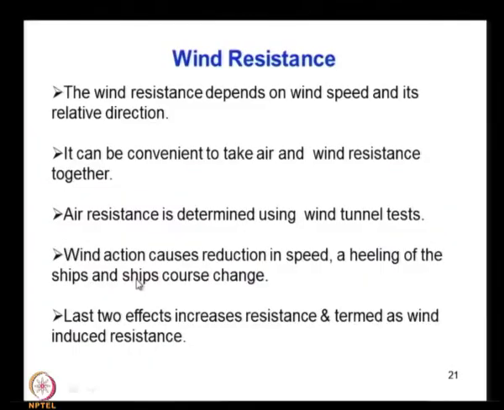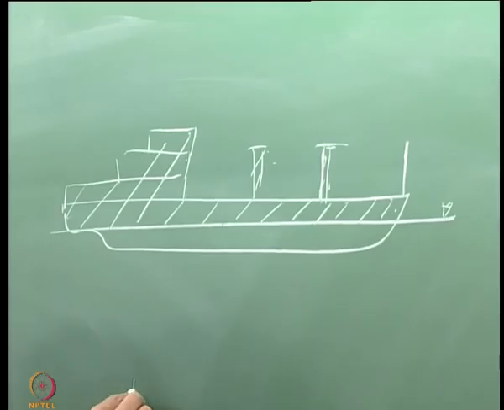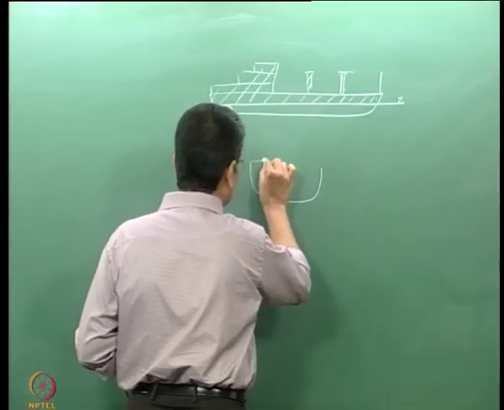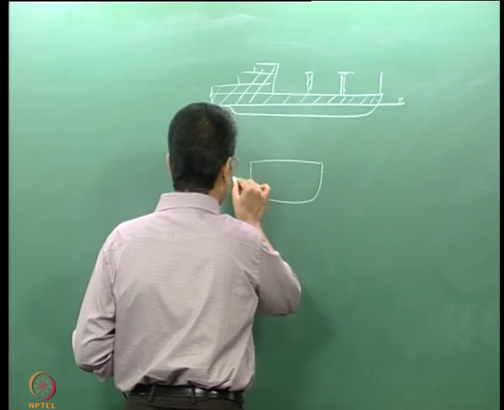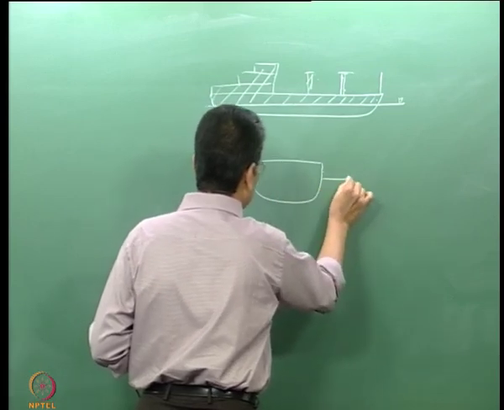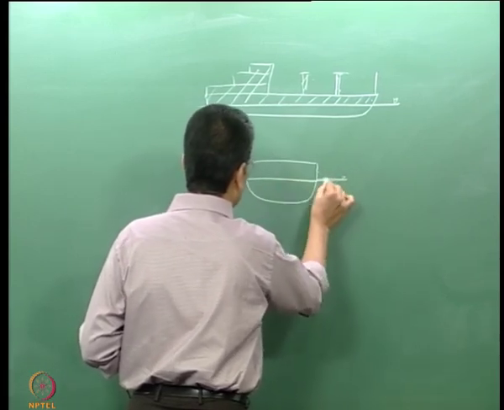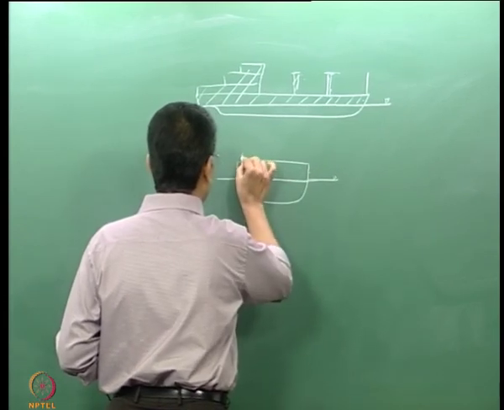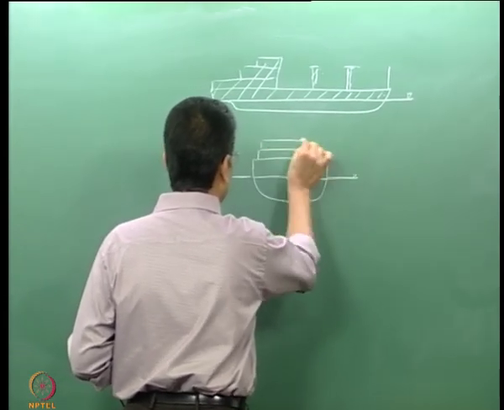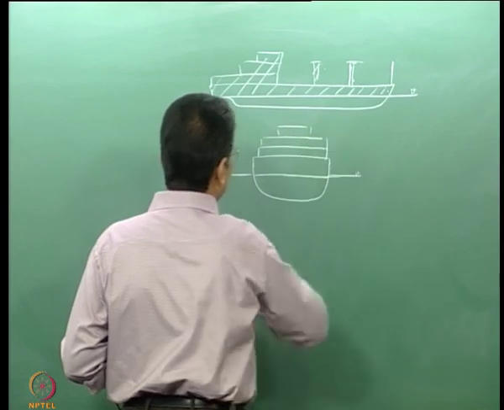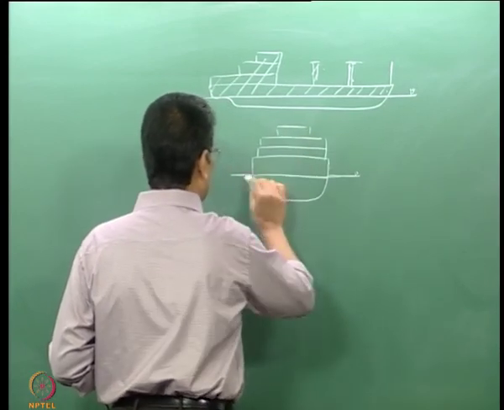So, when the wind acts in this direction, if you look at the other view, suppose this is a sectional view of that shape, from the end view, this is the water level. Then you have the structures, superstructures and all that. So, this is a concern.